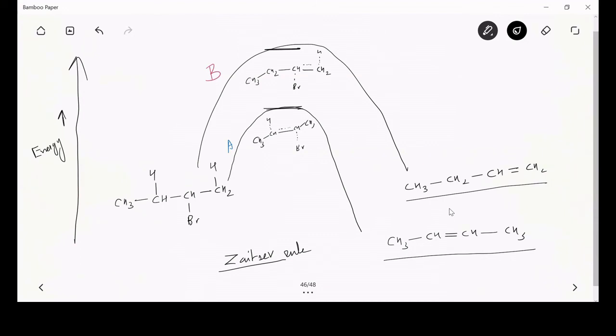This is called the Zaitsev Rule. Okay. So whatever we have discussed is the reason for the Zaitsev Rule, but the Zaitsev Rule is like that. Always the highly substituted alkene will form after an elimination reaction.